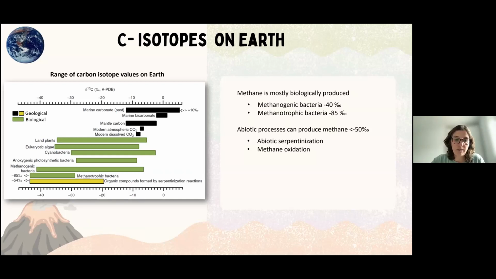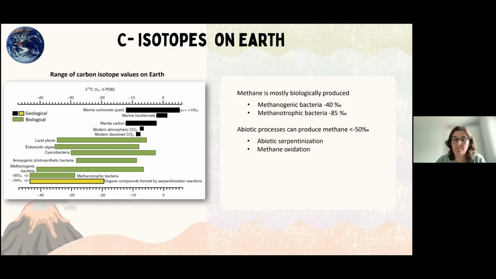And I think it's important to highlight these examples because methane on Earth via methanogenesis is almost entirely, directly or indirectly, biologically produced. And the presence of isotopically light methane is commonly assumed to provide a signature of microbial processes.